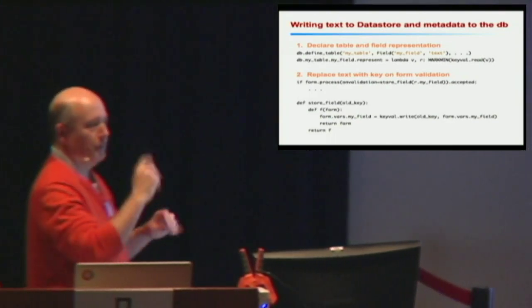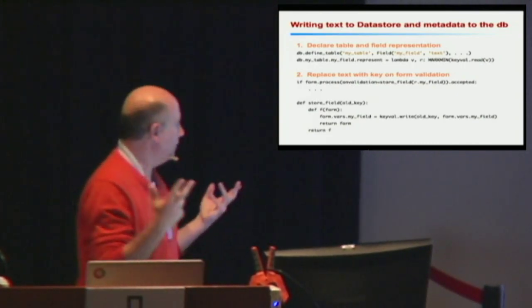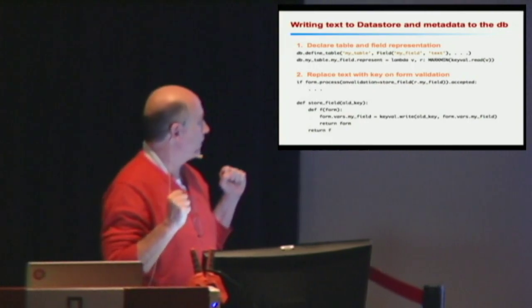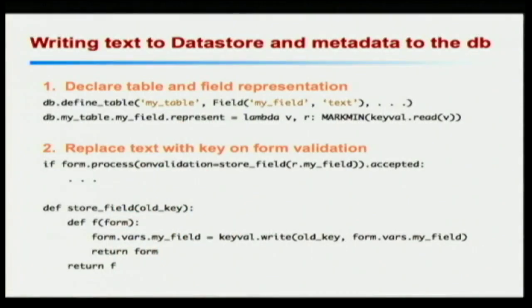And instead, when you have to edit such a field, all I need to do is this. When I process a form, I say on validation, call this function that is called store field, in which I give it the old key. And all the function does is this. It defines a form processor that says my field is equal to key val write of the old key and the new field content.